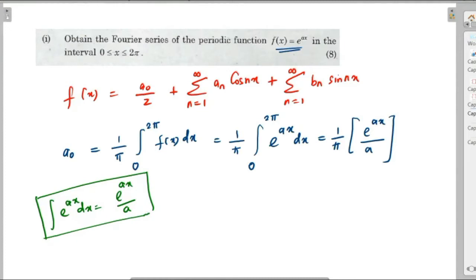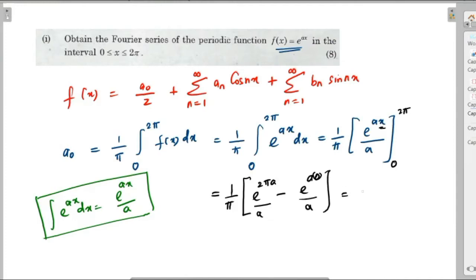which is equal to 1 by pi. If you substitute upper and lower limit, e power 2 pi a instead of x, you have to substitute minus e power a into 0 divided by a.